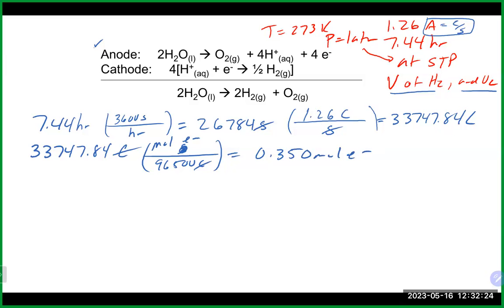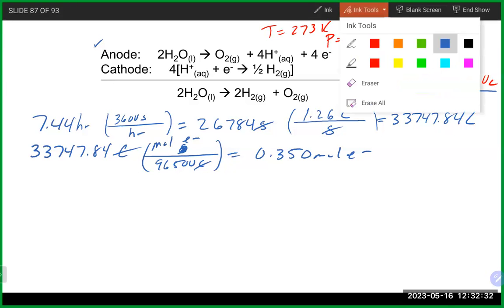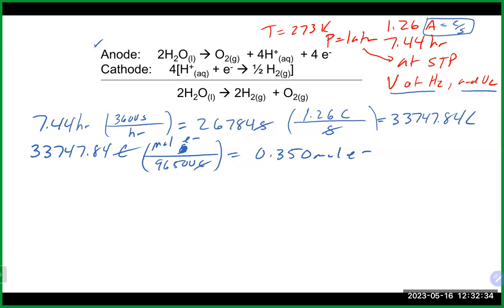Any questions so far? Now, this is where our half reactions are going to come into play. If we look up here, we can see that for our anode side, it is 4 electrons for every 1 mole of oxygen gas.